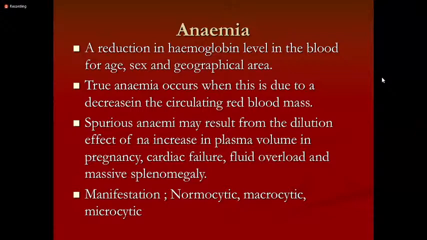Then we have anemia because of dilution, because of an increase in plasma volume, such as may occur in pregnancy, in cardiac failure, fluid overload, and in massive splenomegaly. As we have said, anemia will manifest with any of the major changes. The major changes, I repeat: normocytic, macrocytic, microcytic, or mixed picture.